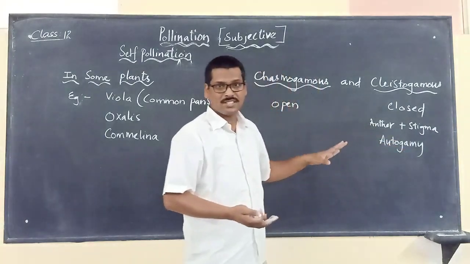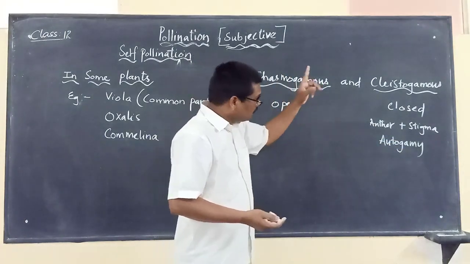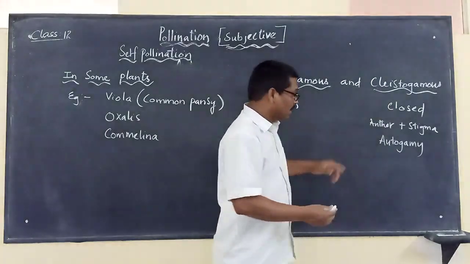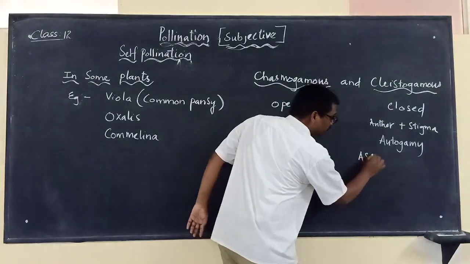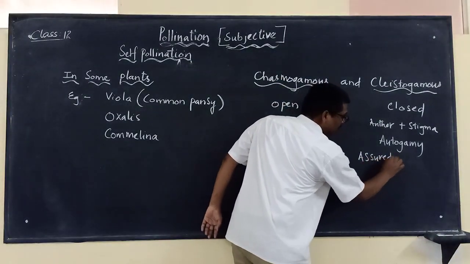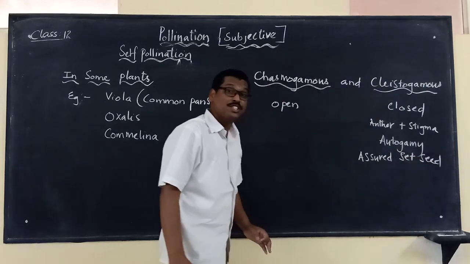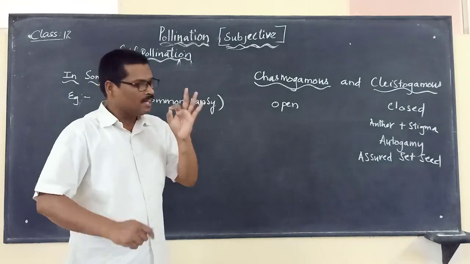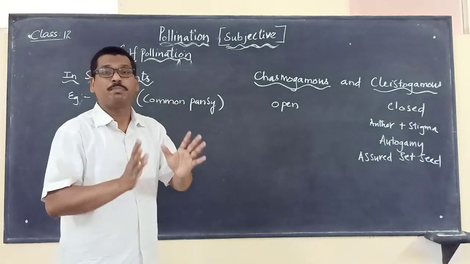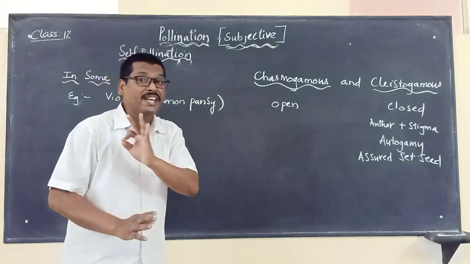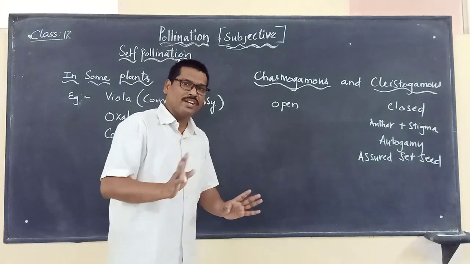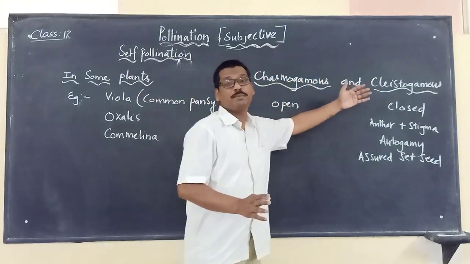And because of this, cleistogamous flowers produce assured seed set. Assured seed set means they compulsorily produce the same type of seeds without any variations. They will not show any variations, and the offspring carry the same characteristics as the parent plant.